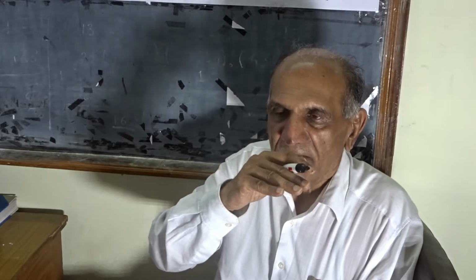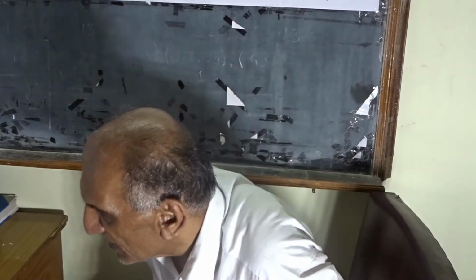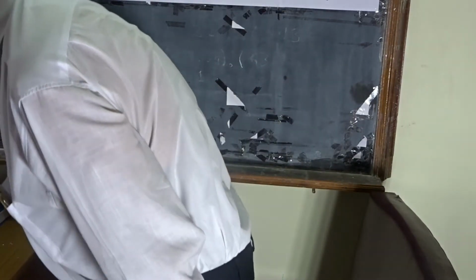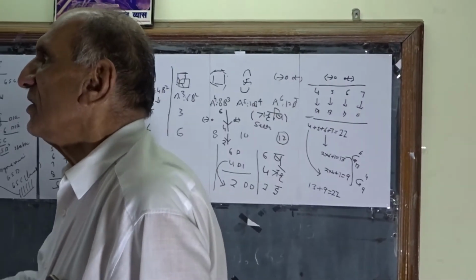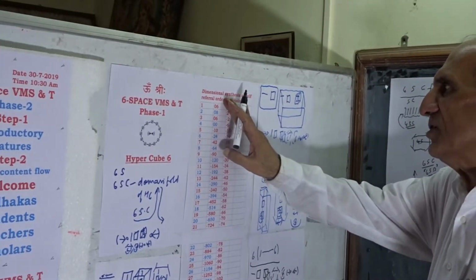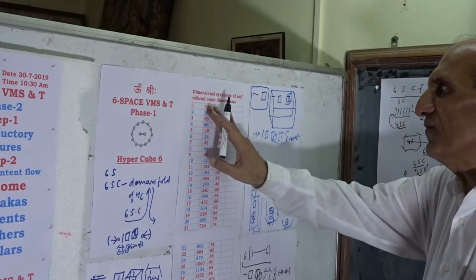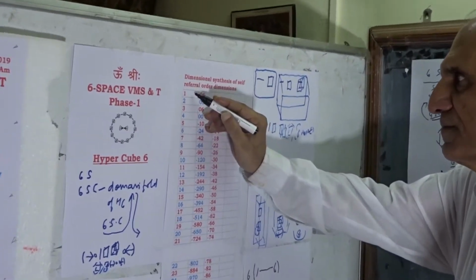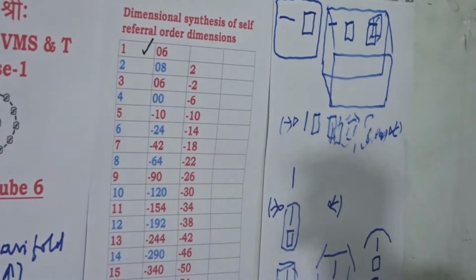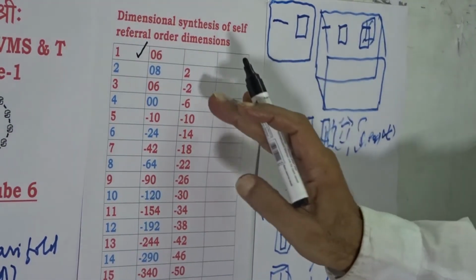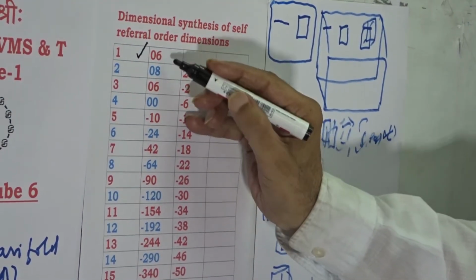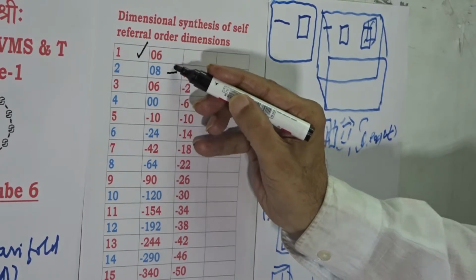From this phase and stage onwards, we will be in a position to see the phenomenon of a dimensional synthesis of self-referral order. So six-space as dimension, when it synthesizes and there are a pair of dimensions, it takes us to value 8.